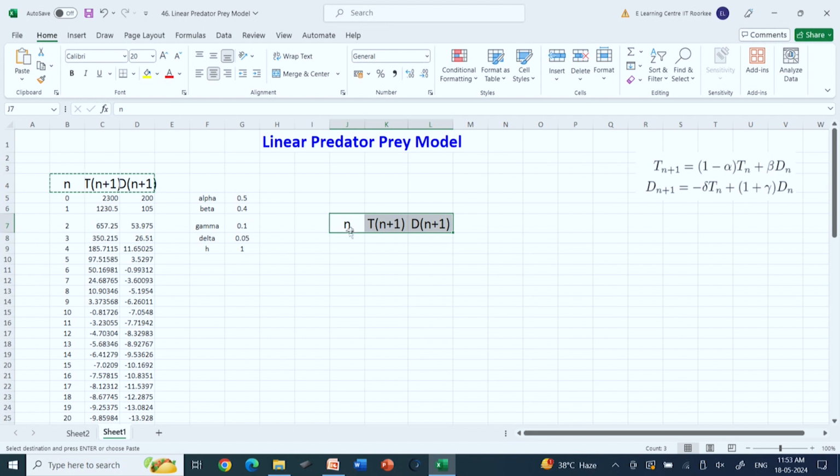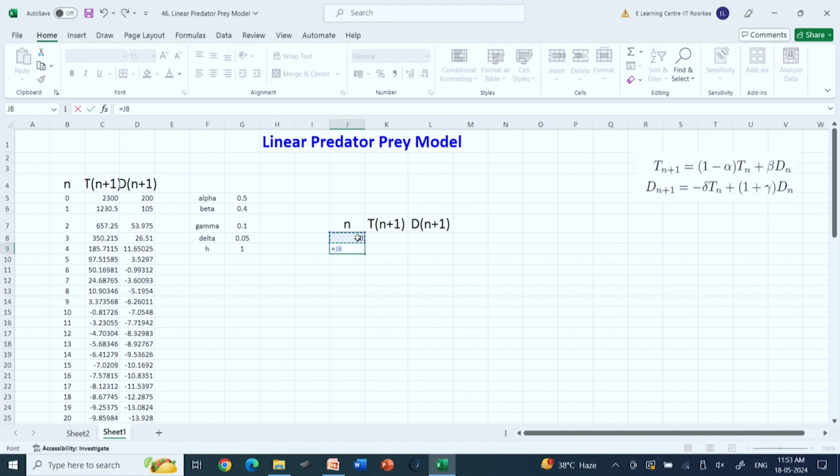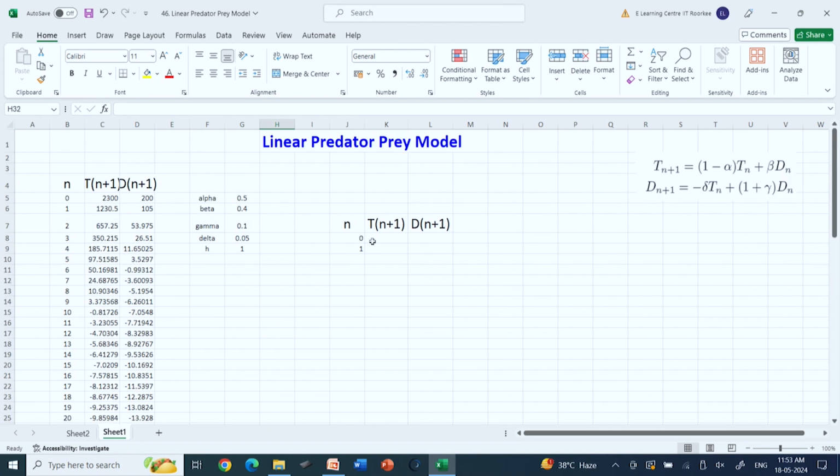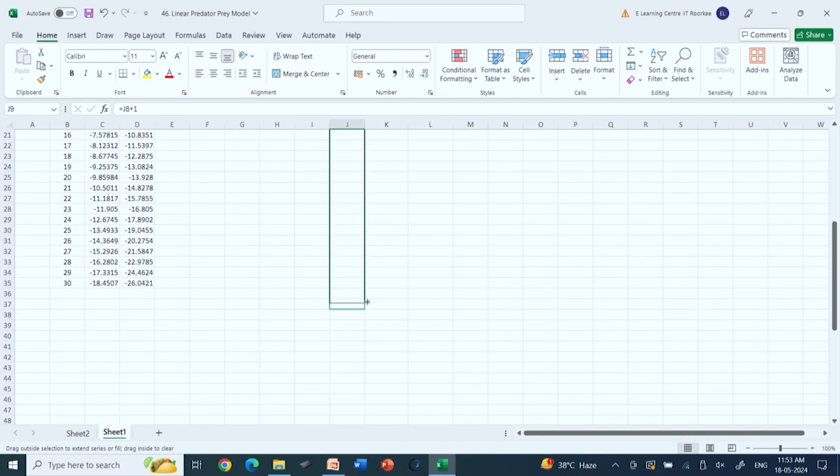So, you have the N, you have the tiger population and the deer population. So, I start with 0 and the second one will be 0 plus 1, and say I calculate the next 30 values.